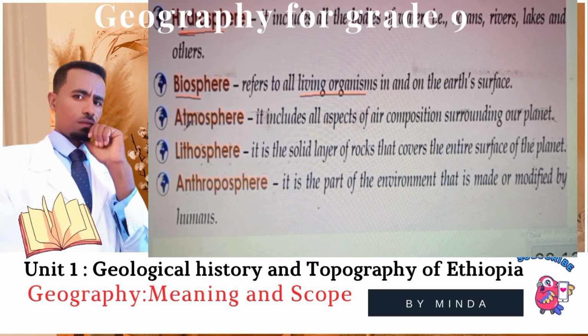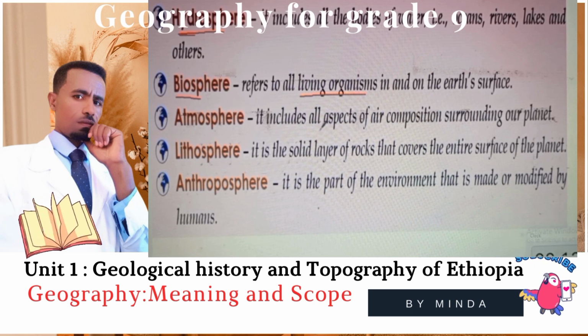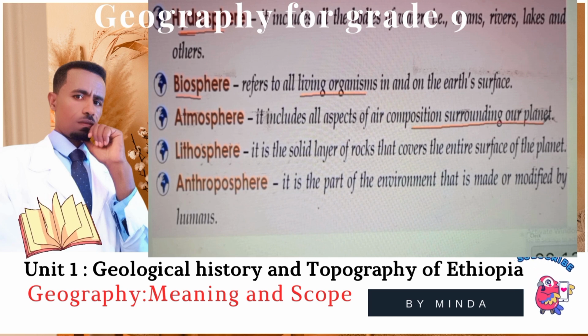Another scope is atmosphere. Atmosphere includes all aspects of air composition surrounding our planet. The air composition that surrounds our planet is known as atmosphere, and it is one of the scopes of geography. Another scope is lithosphere.